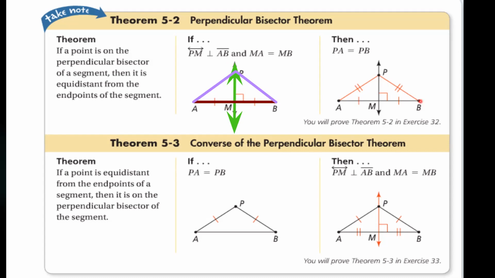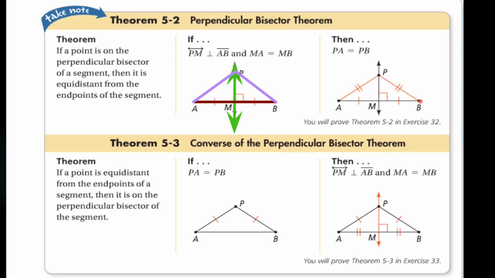This is our second theorem here. If a point is on the perpendicular bisector of a segment, then it is equidistant from the endpoints of the segment. And this theorem has a converse.